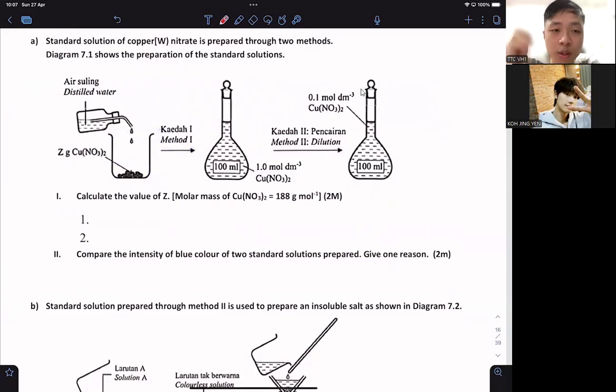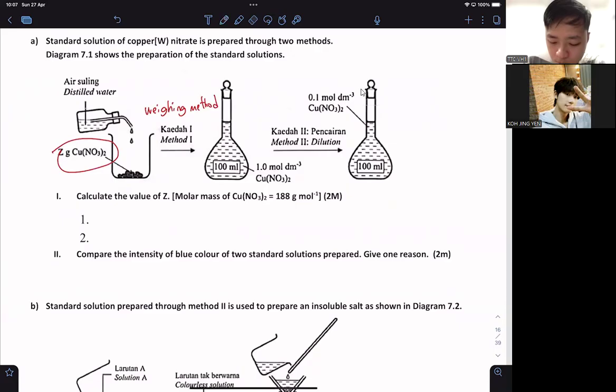If you start with solid, then you add water. This is called the weighing method. Remember, you weigh the mass first of how much copper 2 nitrate you use. Then you add water, then you become this solution. From copper 2 nitrate solid to become solution.